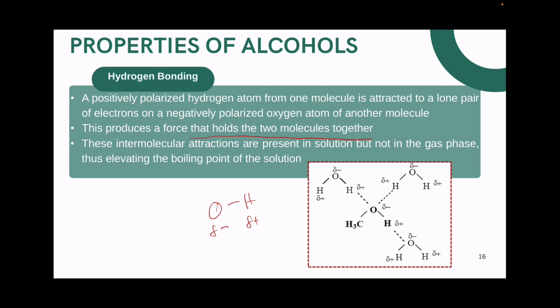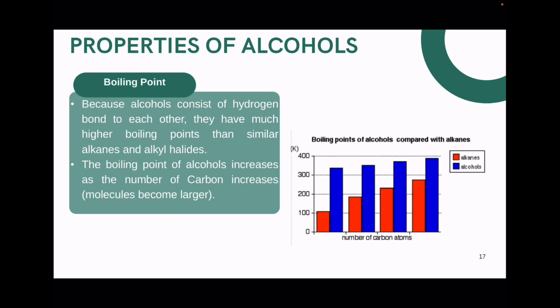This intermolecular attraction is present in solution but not in the gas phase, thus elevating the boiling point of the solution. This also creates intermolecular hydrogen bonding, which increases the boiling point as well.